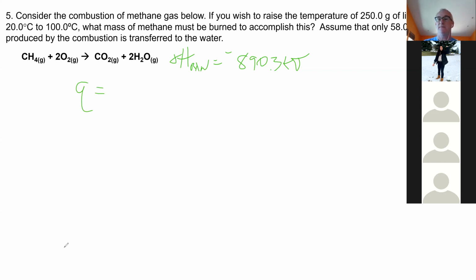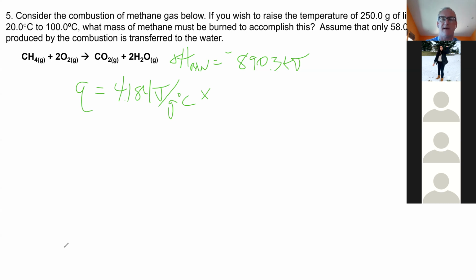So we need to calculate Q. We're raising the temperature of water, so what three pieces of information do we need to calculate Q? Specific heat of water, and we know that's 4.184 joules per gram per degree C. What else do we need? Times mass.